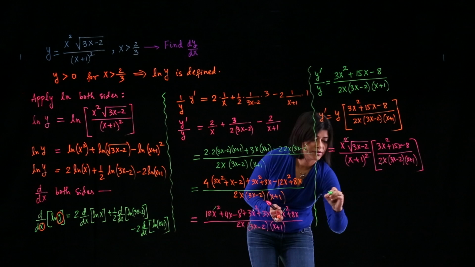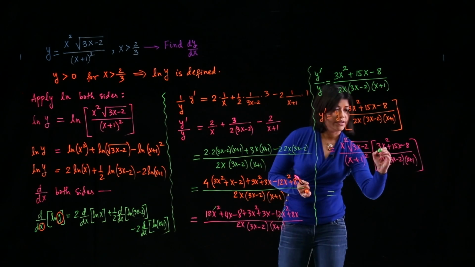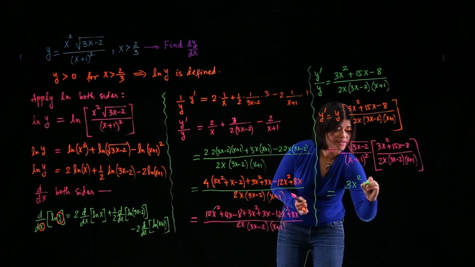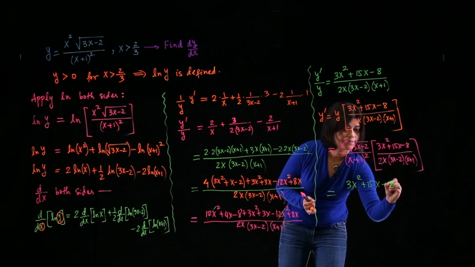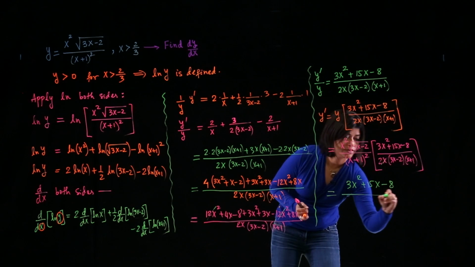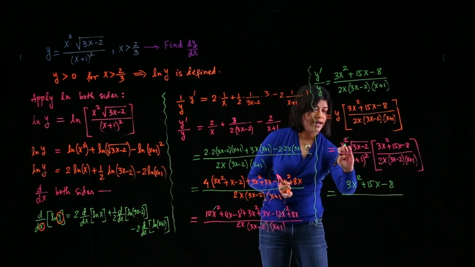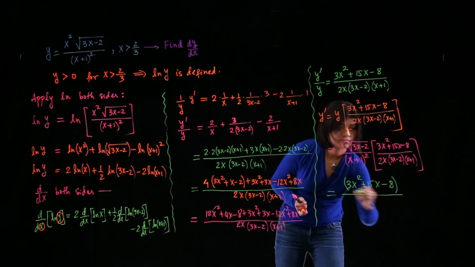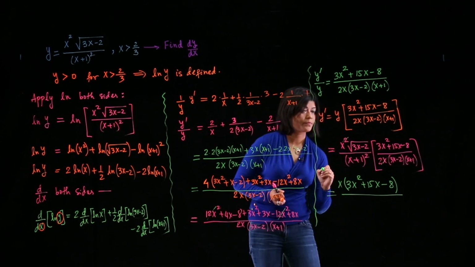So let's write down the answer now. In the numerator, I will have 3x squared plus 15x minus 8. Denominator, times x in the numerator. There's another extra x there. Okay.